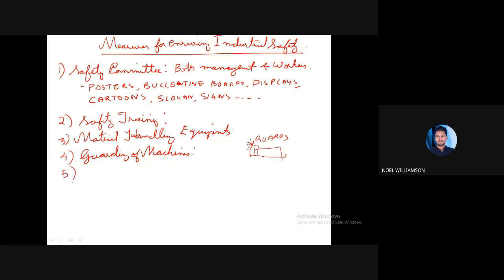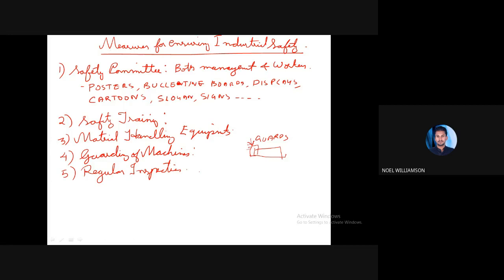Next, regular inspection. The equipment, which all equipments we are using or the machineries, we should have a regular inspection, not just for the sake of inspecting, but we should keep some time.